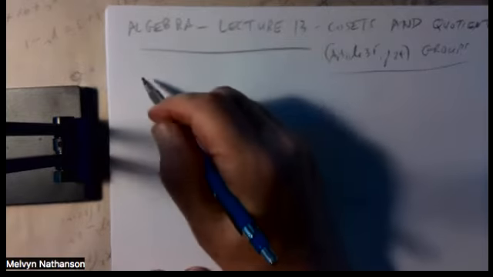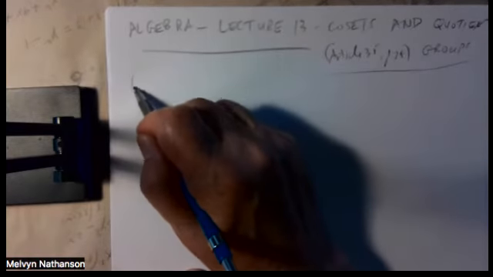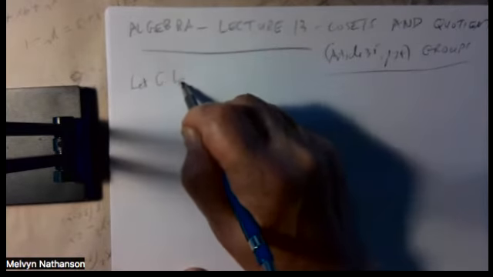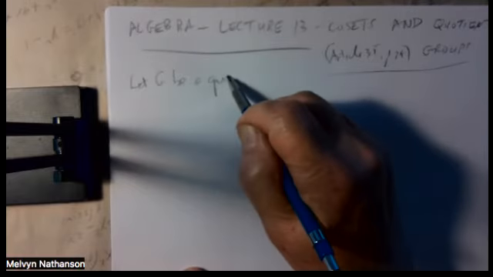So we have a group G, and for example, the integers or the symmetric group Sn, matrix groups and so forth.